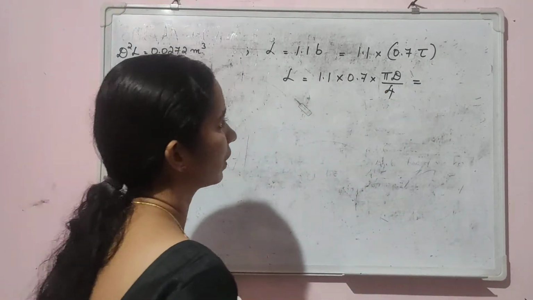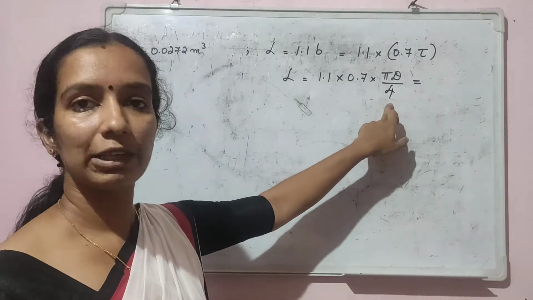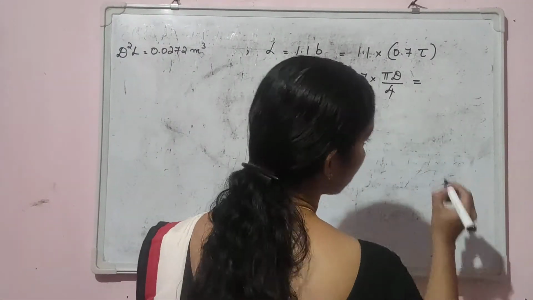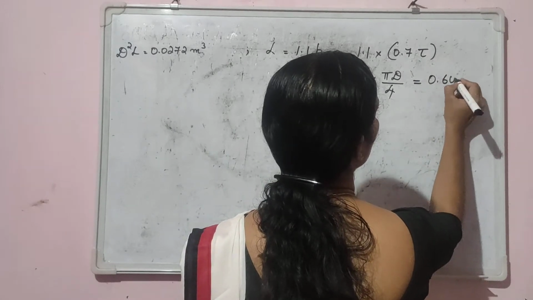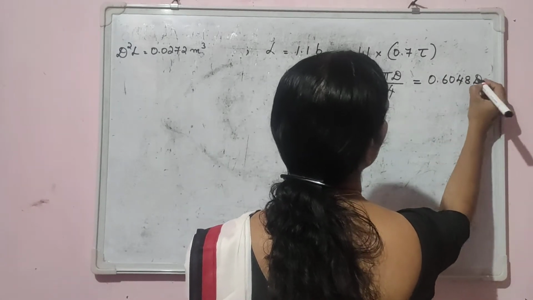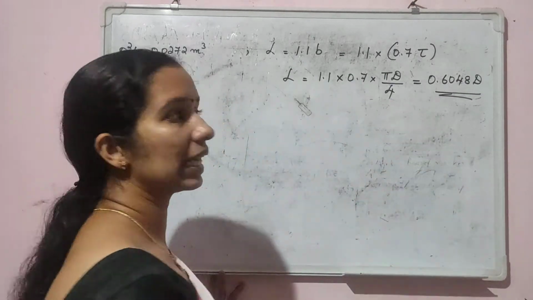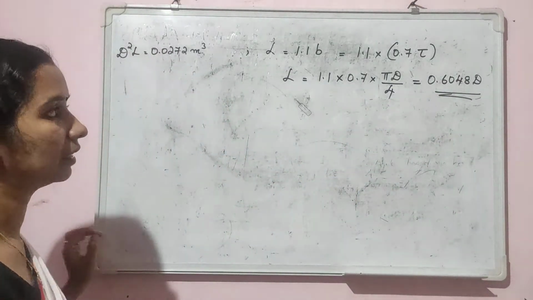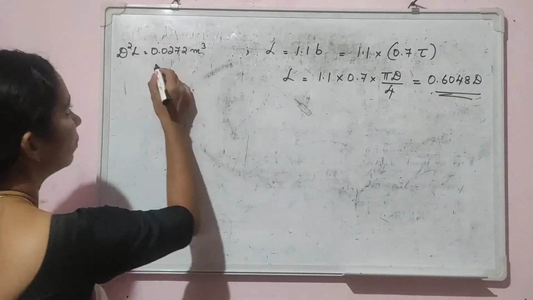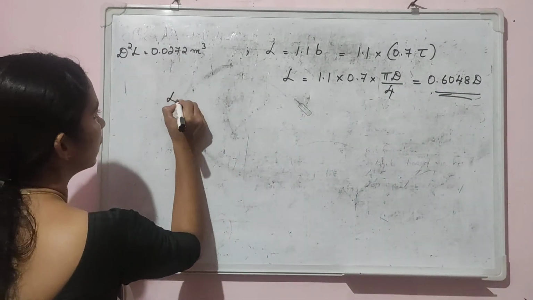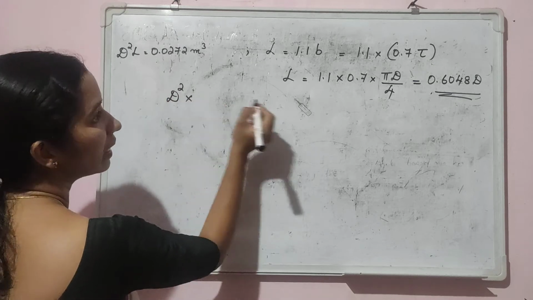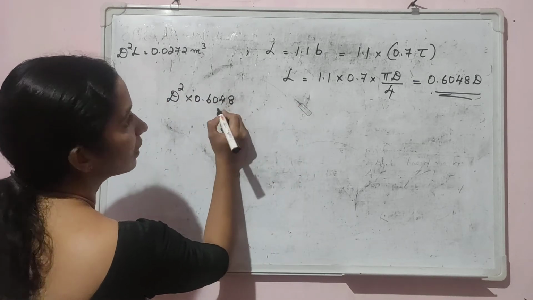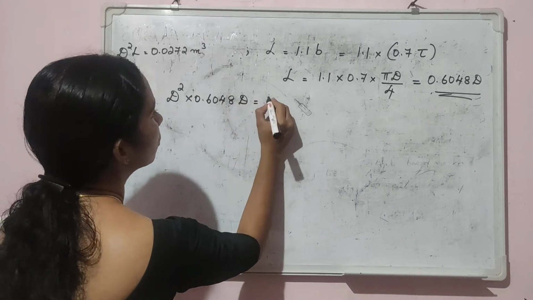So substituting the known values, we will get L is equal to 0.6048 D. So the relation between L and D is L is equal to 0.6048 D. Substitute this value here, so D square into L is D square into 0.6048 D.